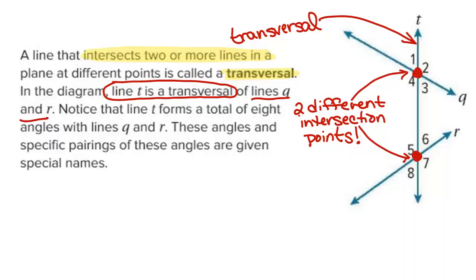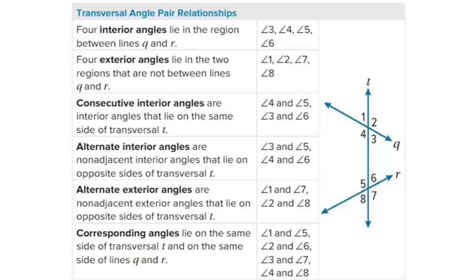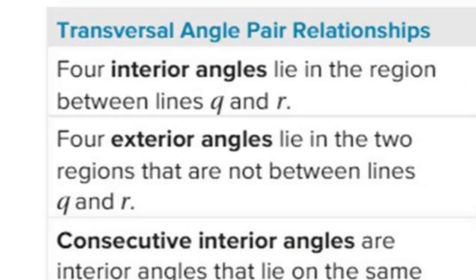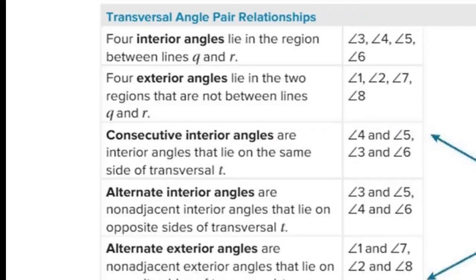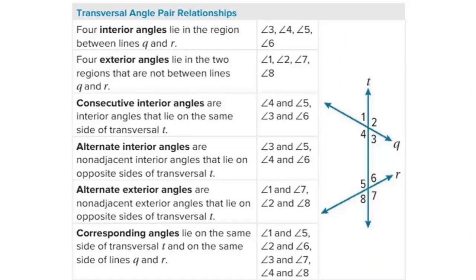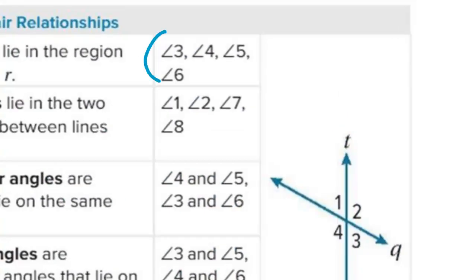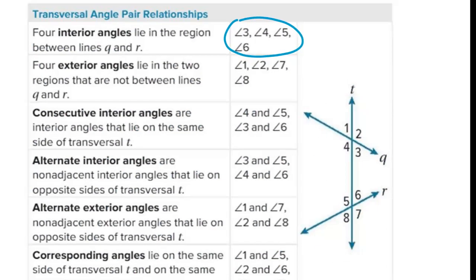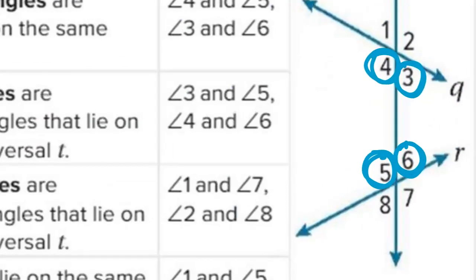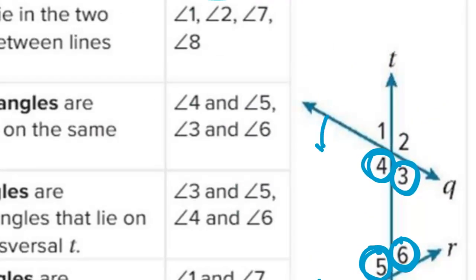Transversal angle pair relationships. There are 4 interior angles. They lie in the region between lines Q and R. So angles 3, 4, 5, and 6 are all interior angles. Interior angles are going to be between my 2 lines.